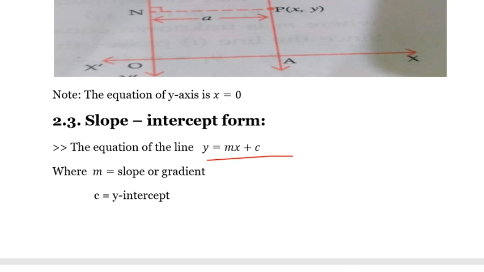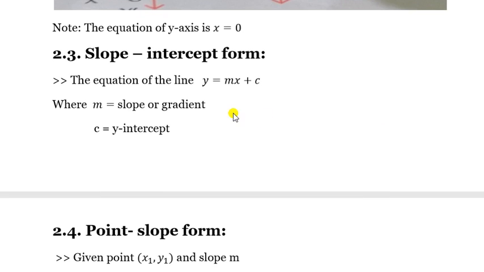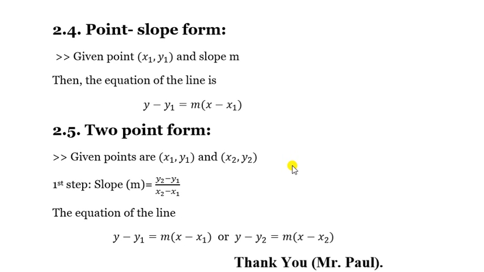Okay. Now we are going to find the next form, which is point and slope. That means exactly one point will be given to you, and one slope also. Suppose the given point is x1, y1 and the slope is m.